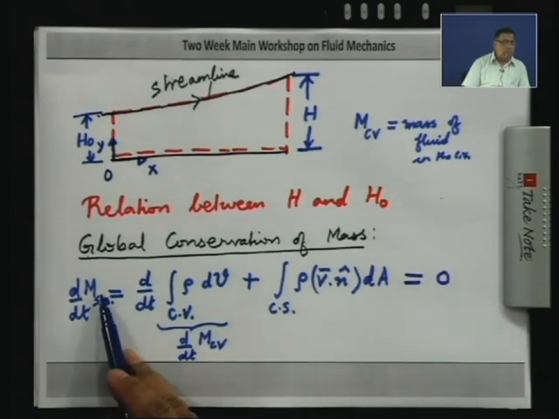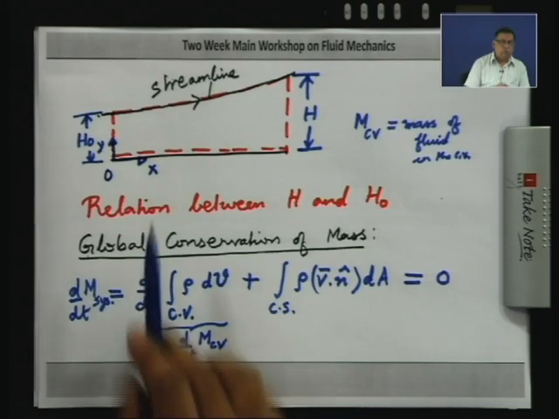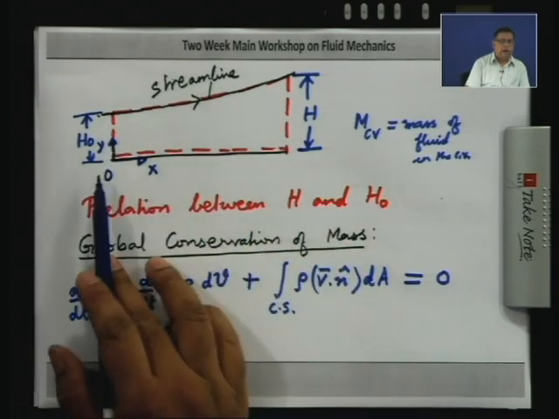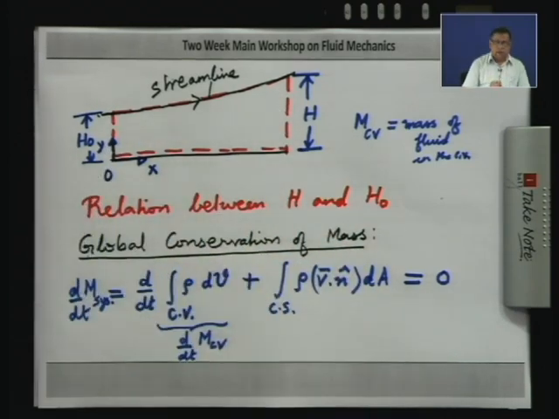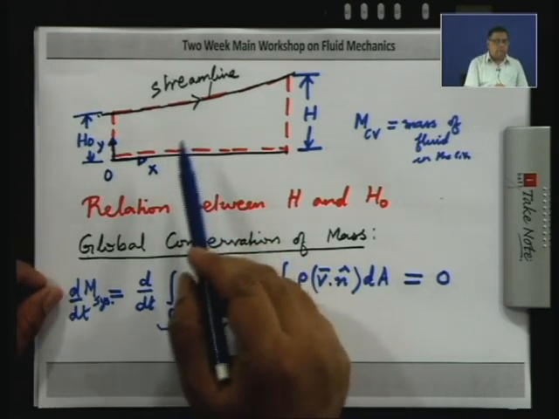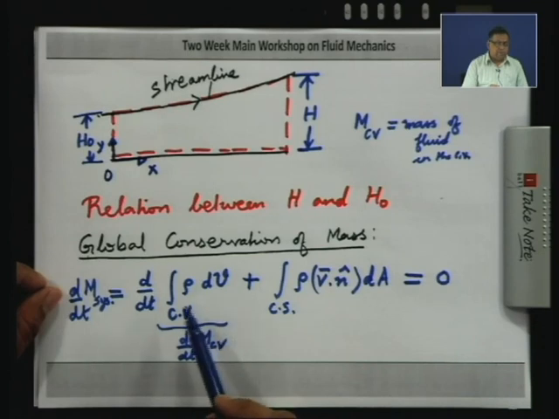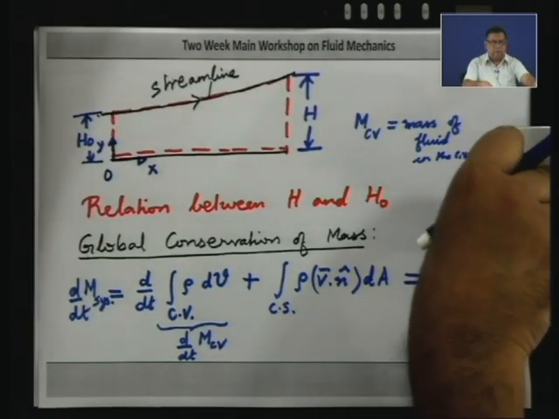So, this system is a closed system which occupies the control volume at time t. Now, we are taking a control volume which is stationary. So, the limits of integration here are independent of time. Therefore, this d dt can be pulled inside the integral sign.